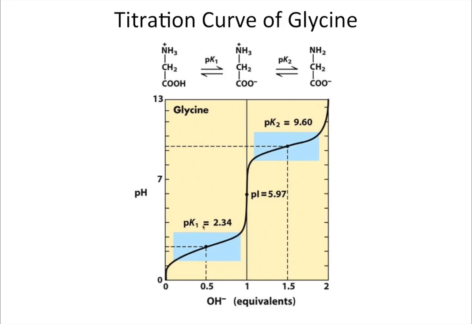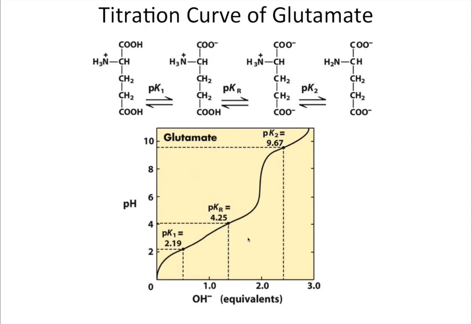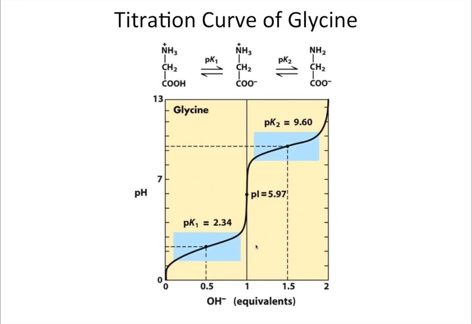In this first zone on the left, we have a protonated amino group and a protonated carboxyl group. But in the middle region, we have a protonated amino group and a deprotonated carboxyl group. So the first pK value corresponds to the removal of the proton from this carboxylate group.